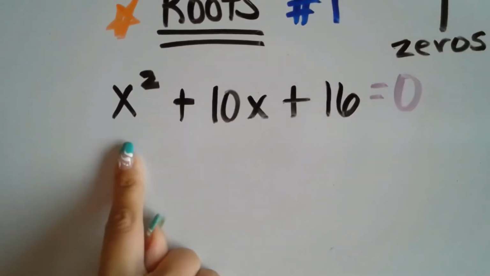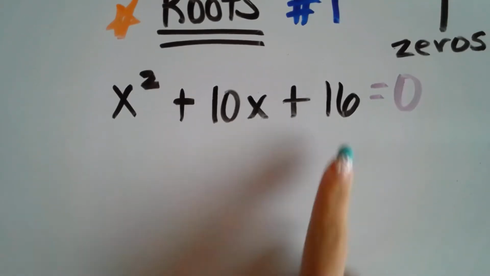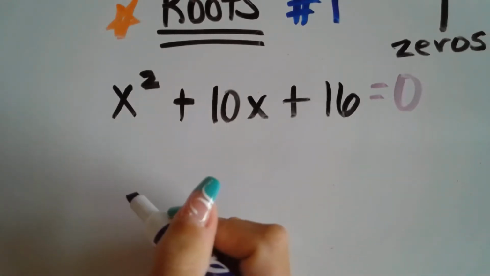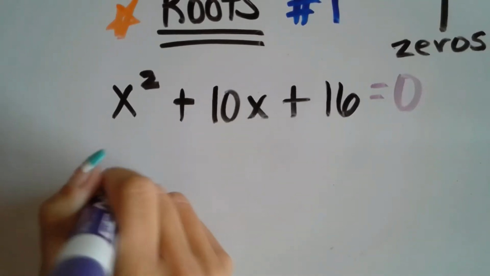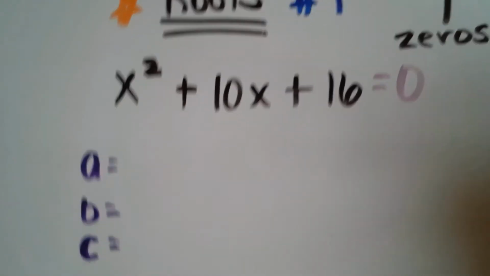So in our first example, we have x squared plus 10x plus 16. So let's go ahead and figure out what our a, b, and c is. We already know how to factor, so we're just going to go through this. So we're going to do our A, our B, and our C, okay?